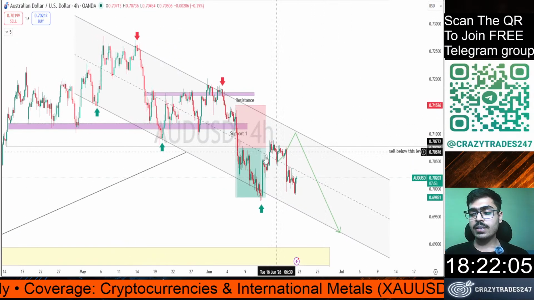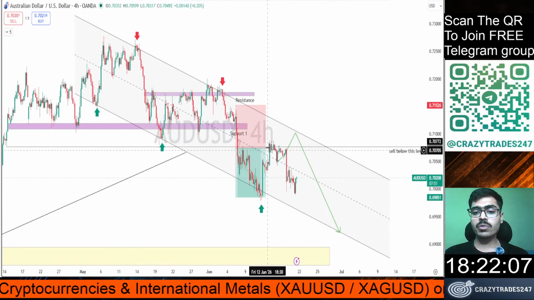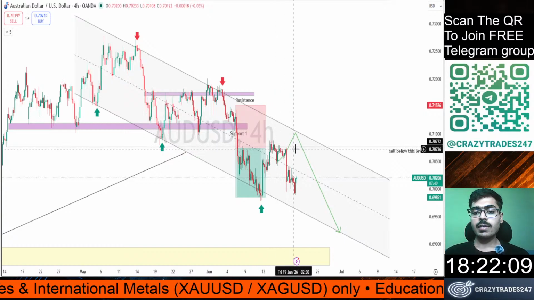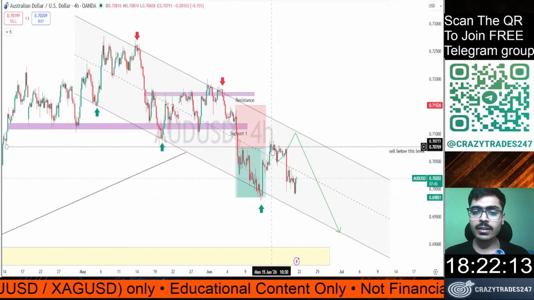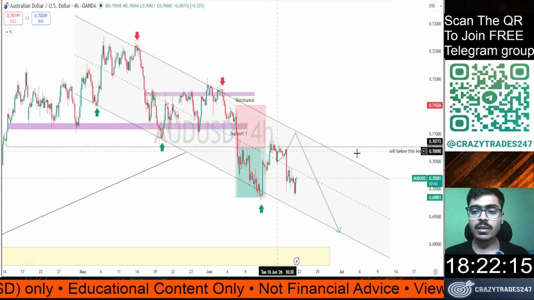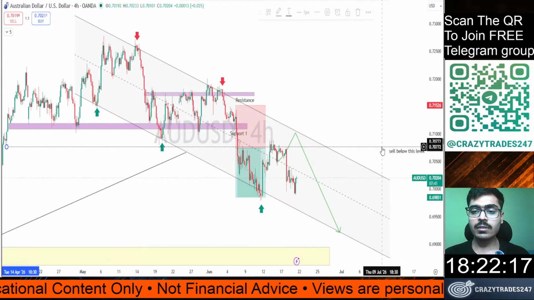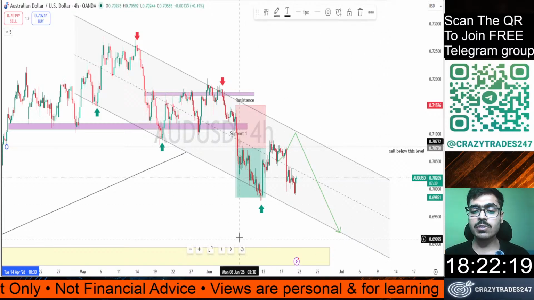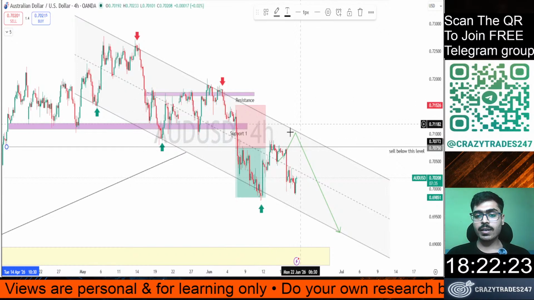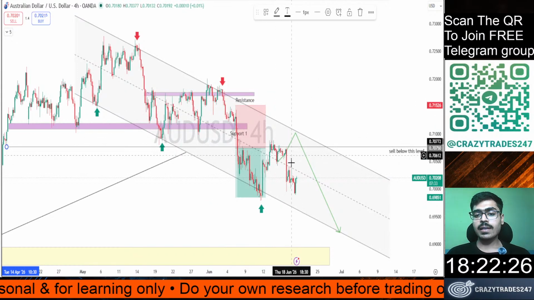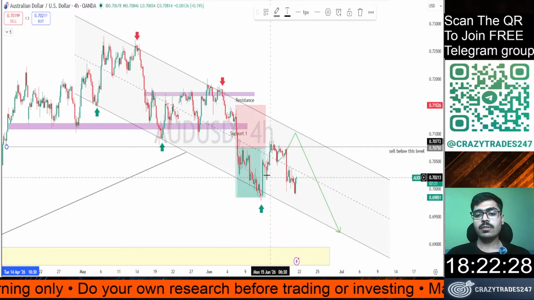And you can see here price refused to give an up move. Even if it gave breakout above this line at 0.7077 on an intraday basis, it couldn't sustain above it, and price has started declining from this very level.